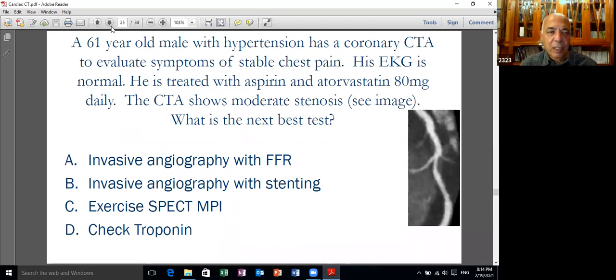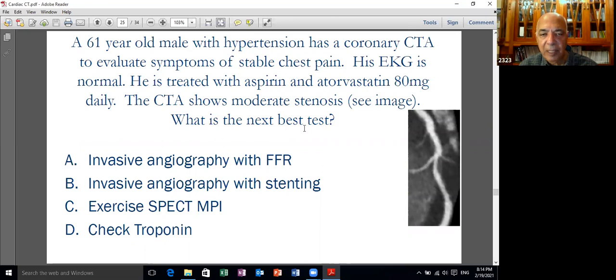The next question is a 61-year-old male with hypertension and coronary CTA to evaluate symptoms of stable chest pain. His ECG is normal. He is treated with aspirin and atorvastatin 80 mg daily. CTA shows a moderate stenosis. We look into this panel. The CT angiogram shows a moderate stenosis.